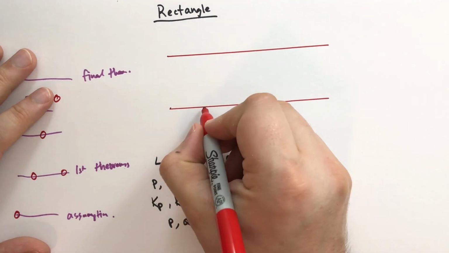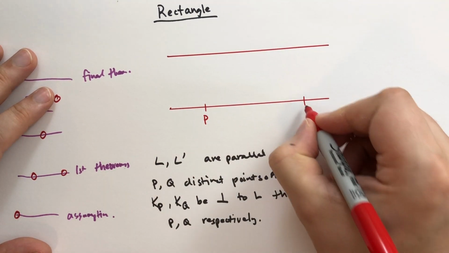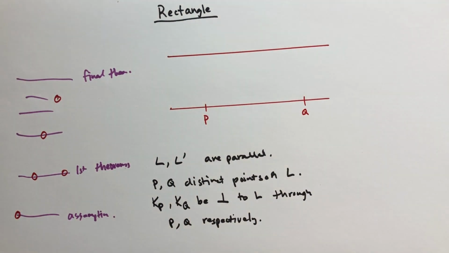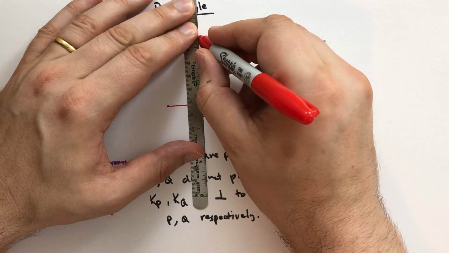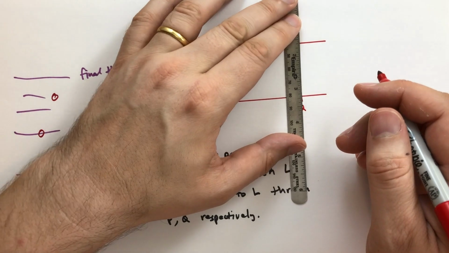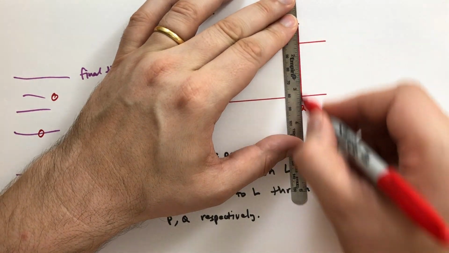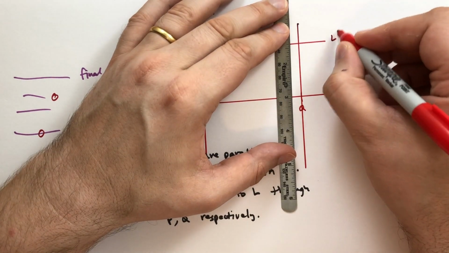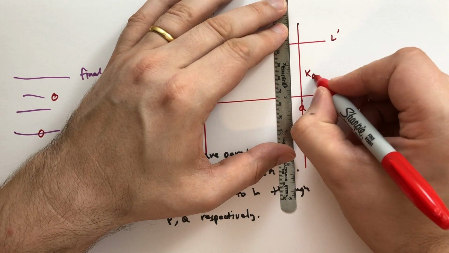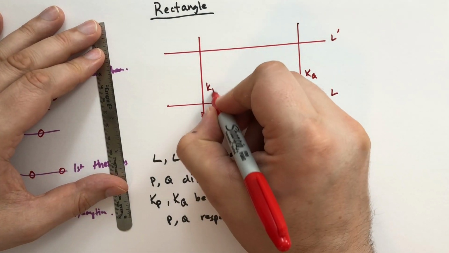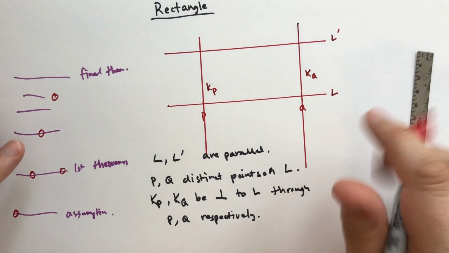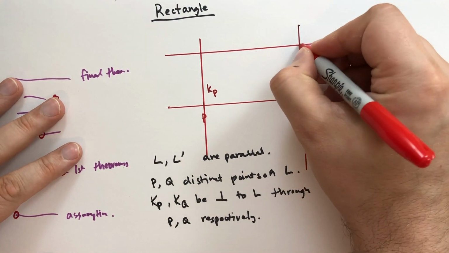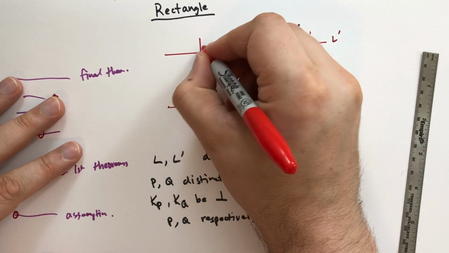And so we choose some point P and some point Q, and then we draw perpendicular to these another line and another line. So this is L, this is L prime, and this is KQ, and this is KP. And then we know that these perpendicular lines intersect with the second line. So now we have this point Q prime and P prime.